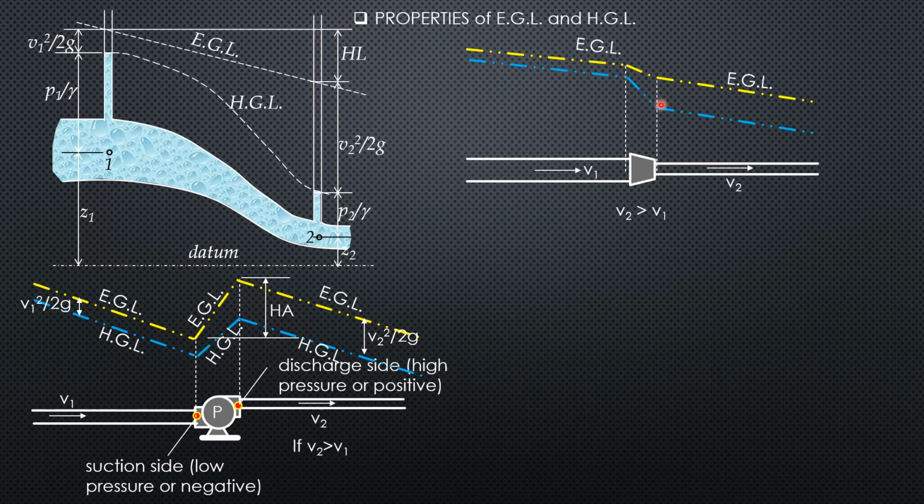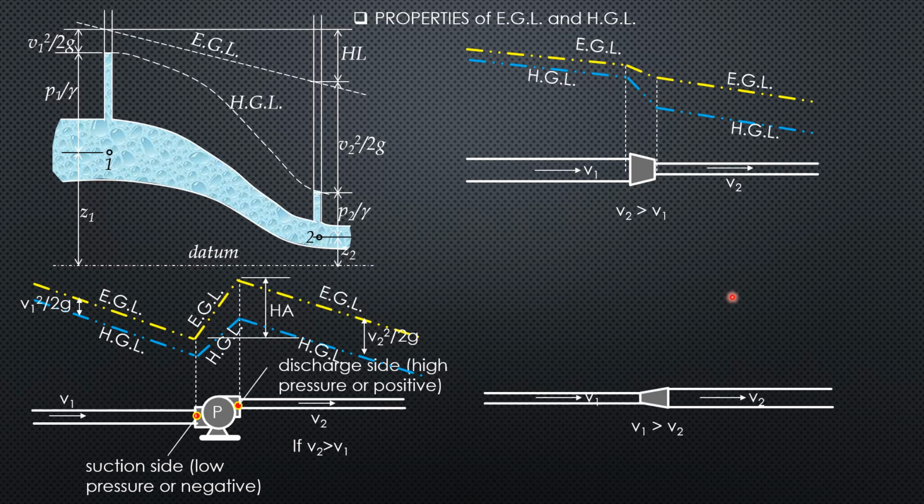The hydraulic grade line also falls, but in this next condition, we have a smaller pipe to a bigger pipe. This is the energy grade line. It's the same. It always slopes in the direction of flow. And the drop in the energy grade line was already explained. Then this is the hydraulic grade line.